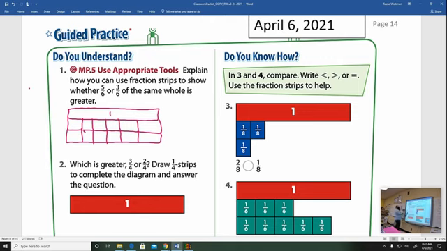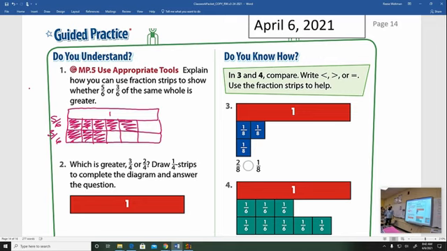This one, though, now we need 5/6. So 1, 2, 3, 4, 5. And the bottom one we need 3. 1, 2, 3. So this is 5/6, and this one is 3/6. Which one's greater? Is 5/6 or 3/6 greater?